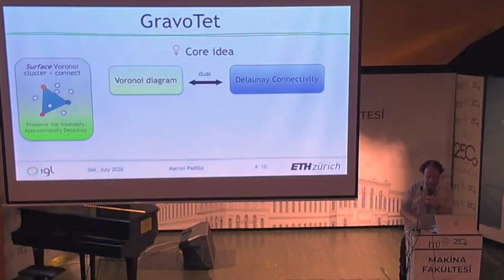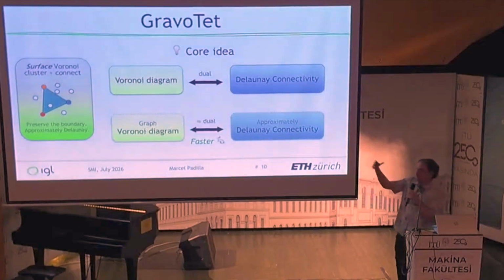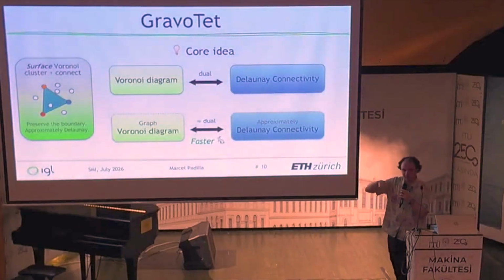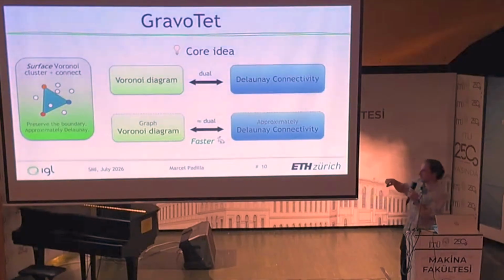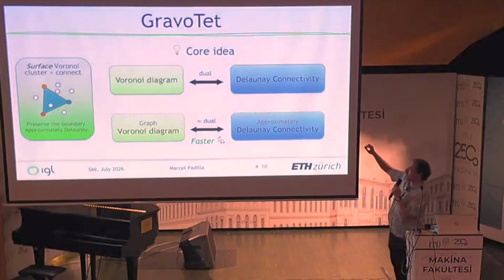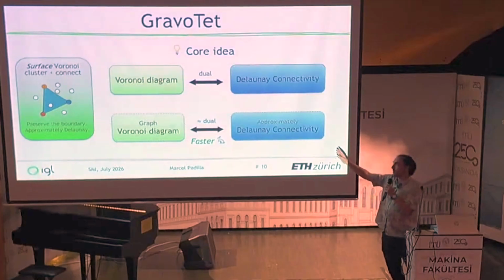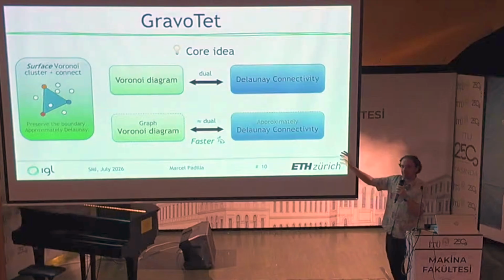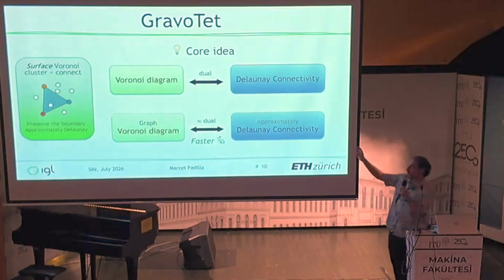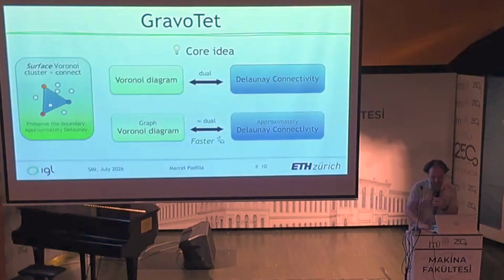And we avoid that effort by going for a graph Voronoi diagram that we can quickly compute using the connectivity we just had. And then we just take the dual of that and assume that this is good enough. It's not going to be perfectly Delaunay, but we will see that the properties it has in its barycentric weights are good enough. I mean, actually very efficient for the multigrid method.